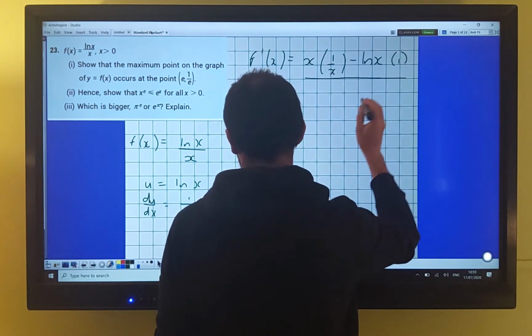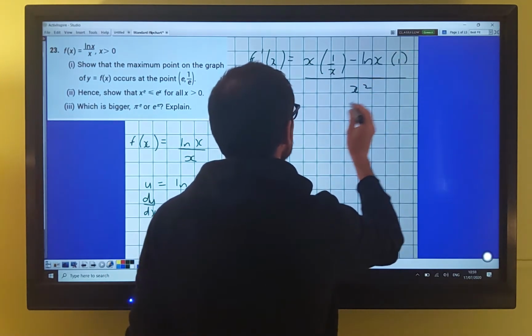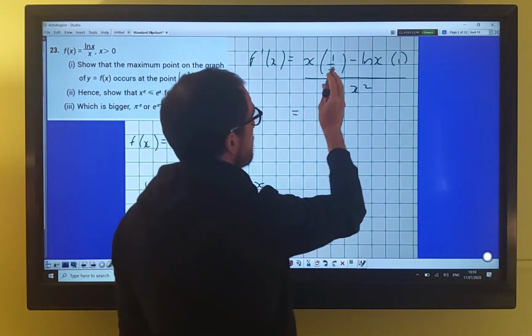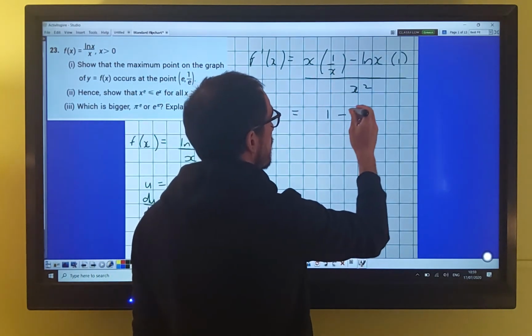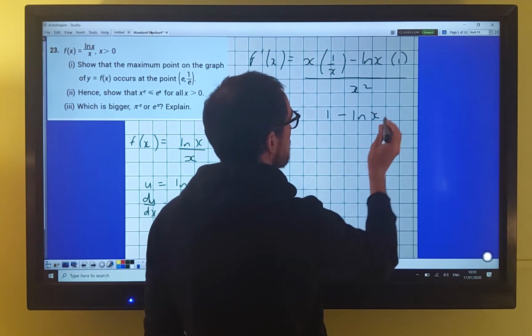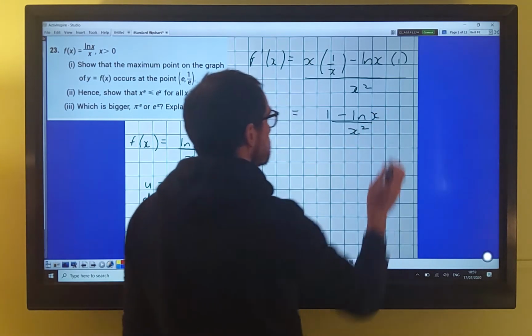And that's all over v squared, which is all over x squared. So simplifying that, it's 1 minus ln x all over x squared.